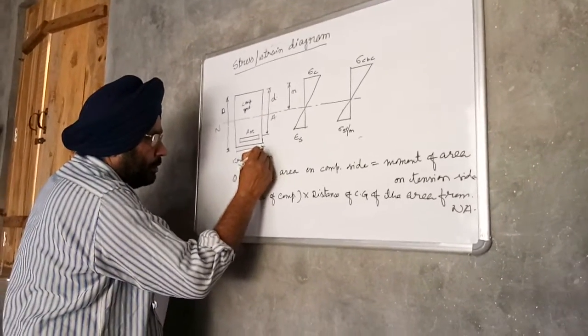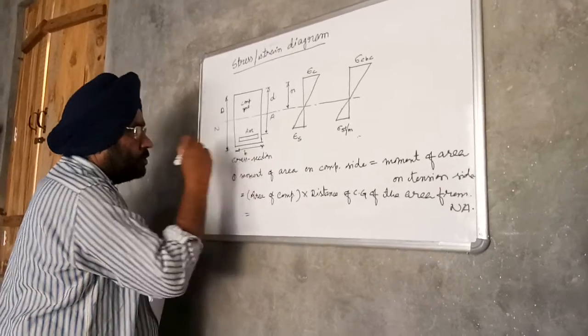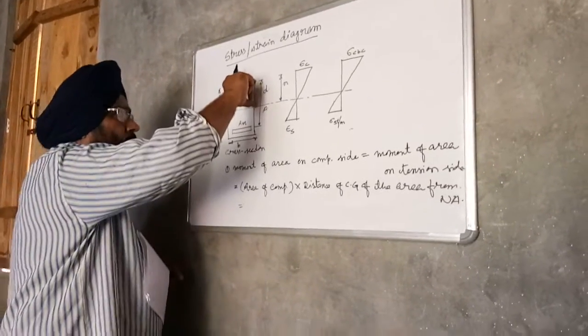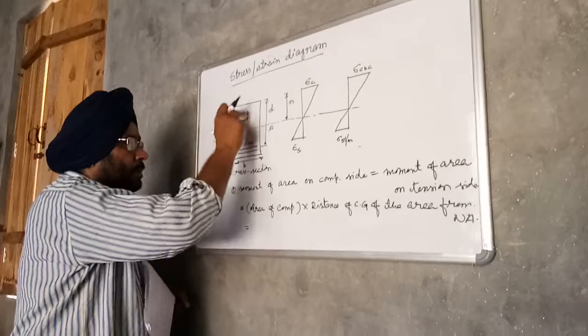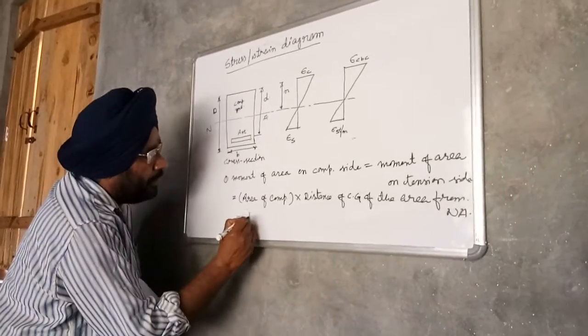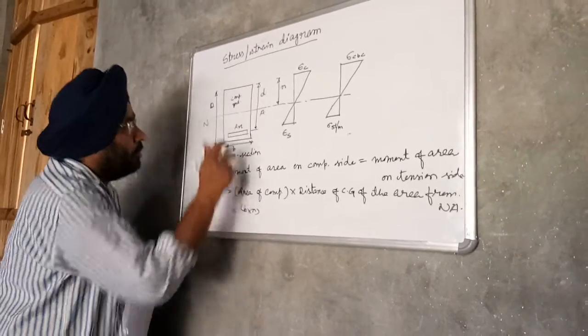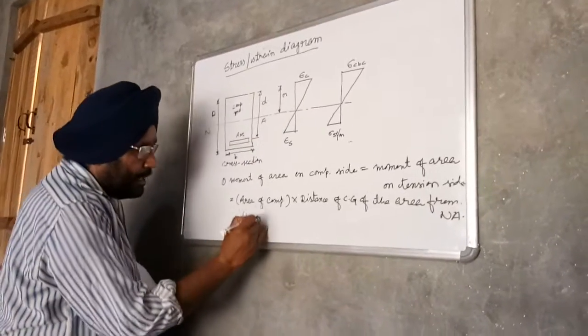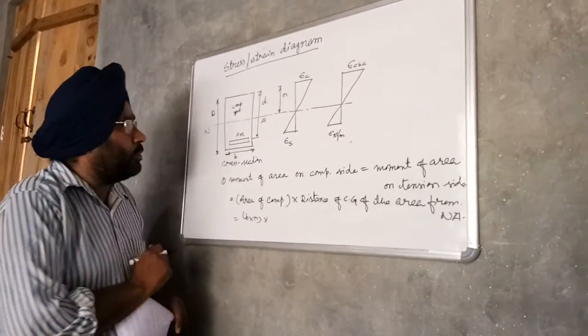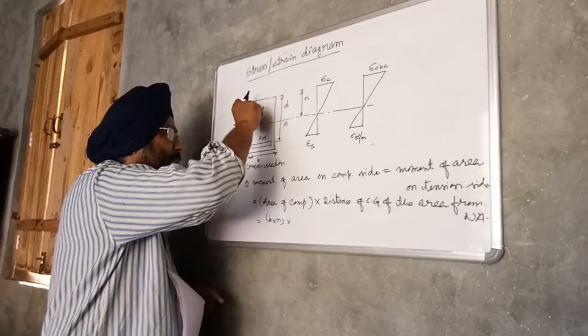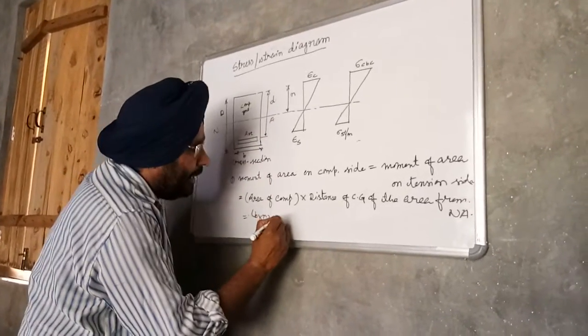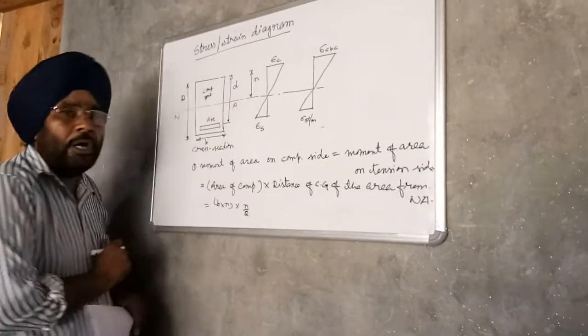So the area of compression is B into n. The CG of this area lies at a distance n by 2 from the neutral axis.